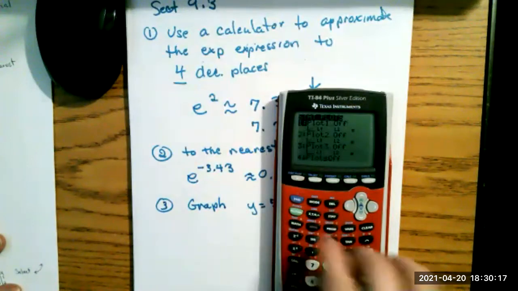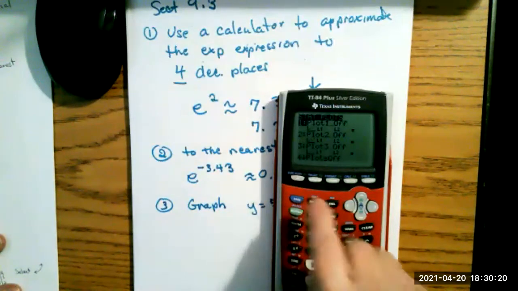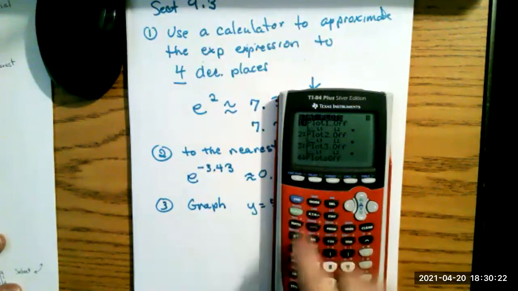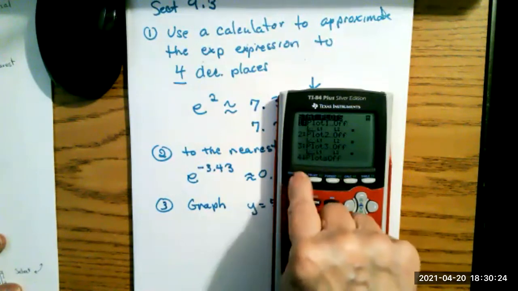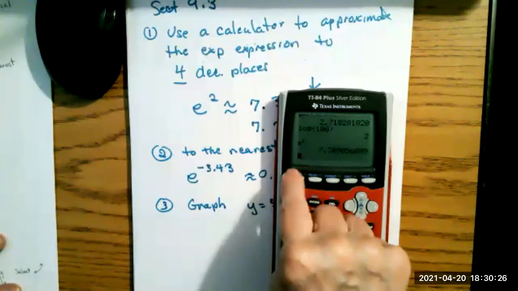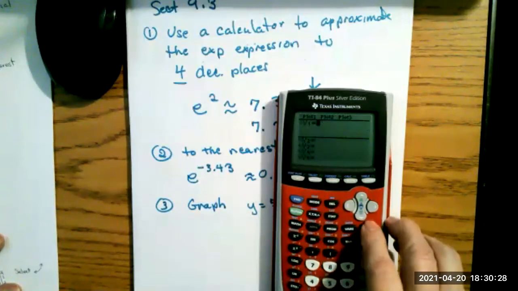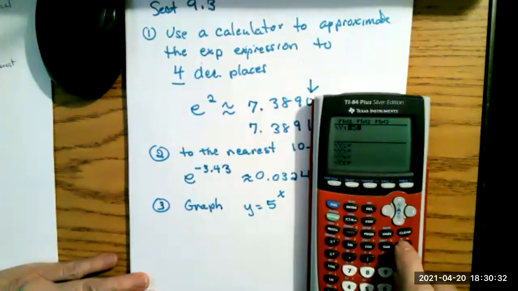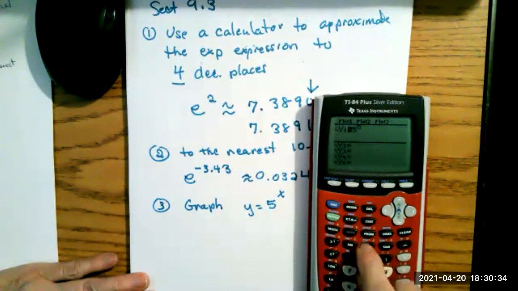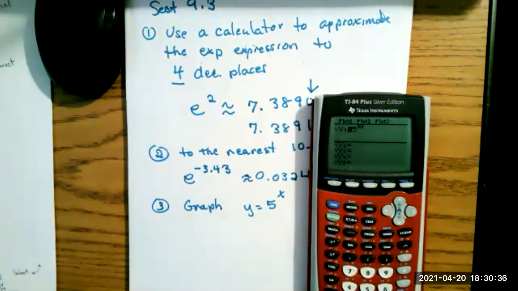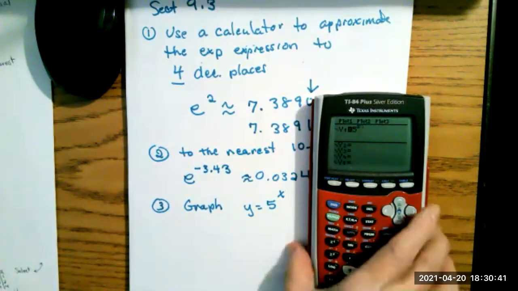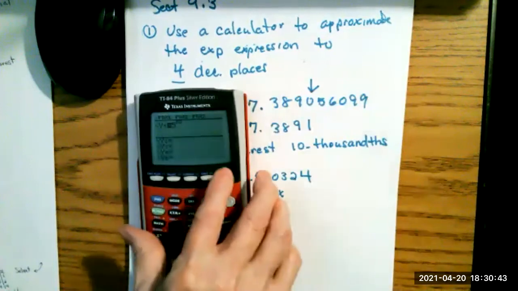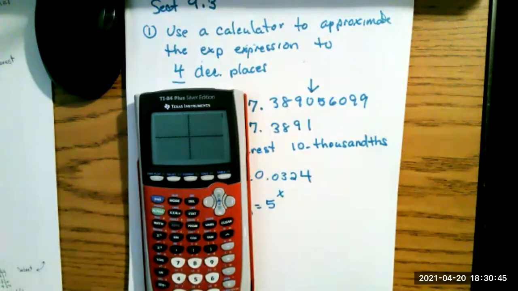Go to y equals, not second plot, y equals. And you clear out what was in there, and you do 5, and you use your caret key and put in an x in there. And that's 5 to the x power, and it's going to be an exponential. And when you graph it, it's going to look like that.